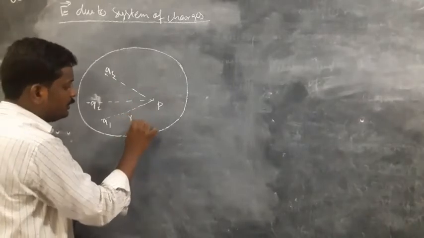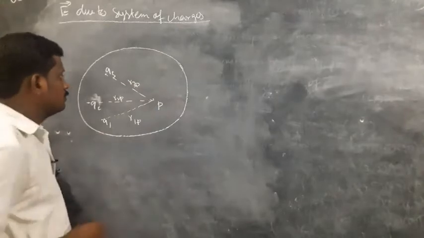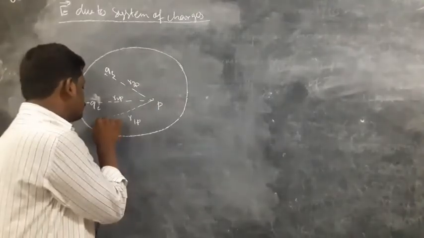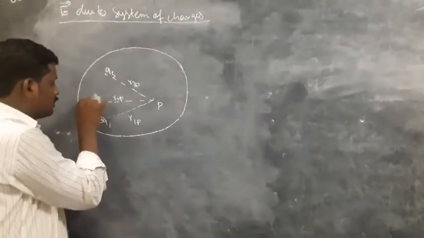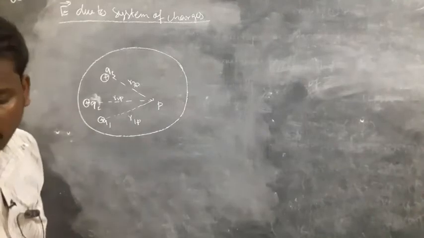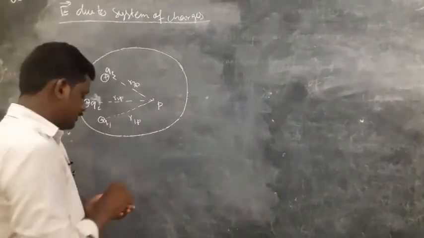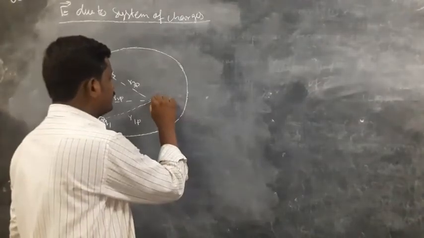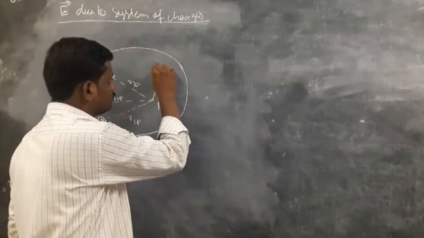So R1P, R2P, R3P. What is the electric field due to the positive charge Q1? The electric field points outwards. So the electric field due to Q1 is in this direction, that is E1P.